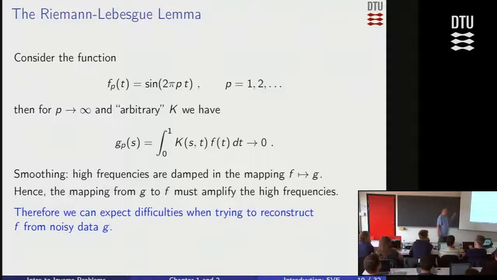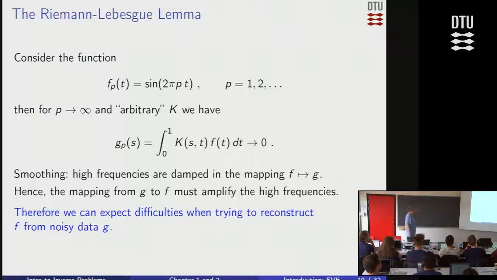So somehow, this is a prototype of the forward problem. You plug in a function, and then you get your data. And apparently, functions f that are associated with higher frequencies will be damped a lot. Of course, what you could also do is take an arbitrary f and do an expansion in terms of various sines with various frequencies.